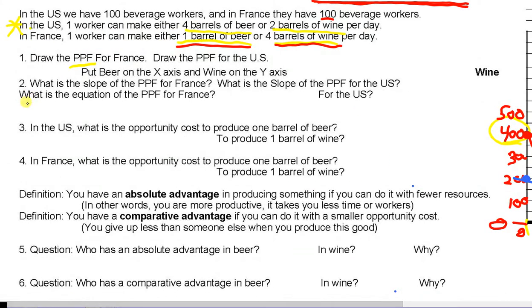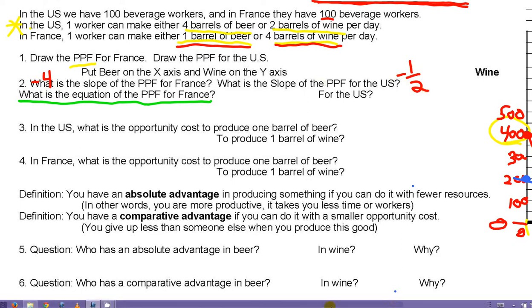Now, here I ask what's the equation of the production possibilities frontier. So we could do that. We already looked at the slope. The slope of the production possibilities frontier for France was -4. The slope of the PPF for the United States was -1/2. And to write the equation, all you need to do is bring in the y-intercept here.